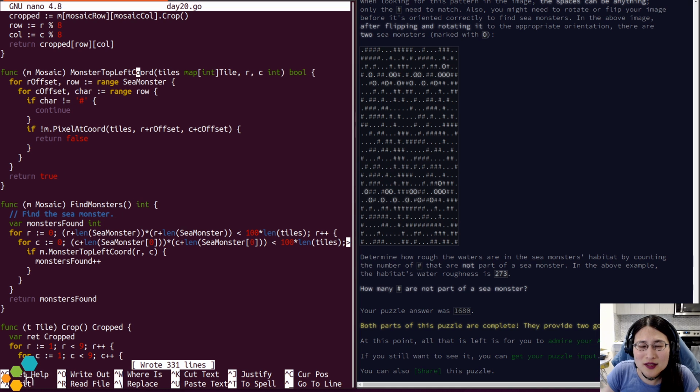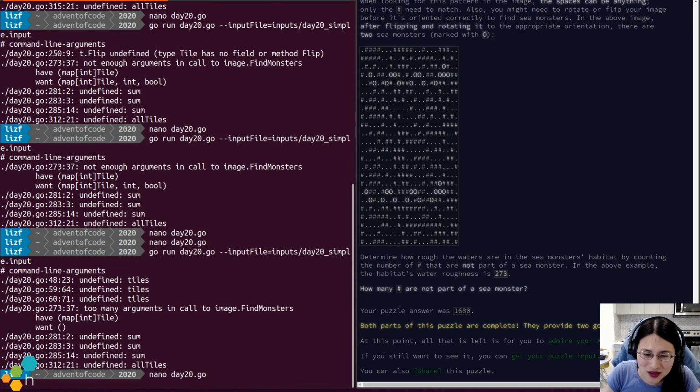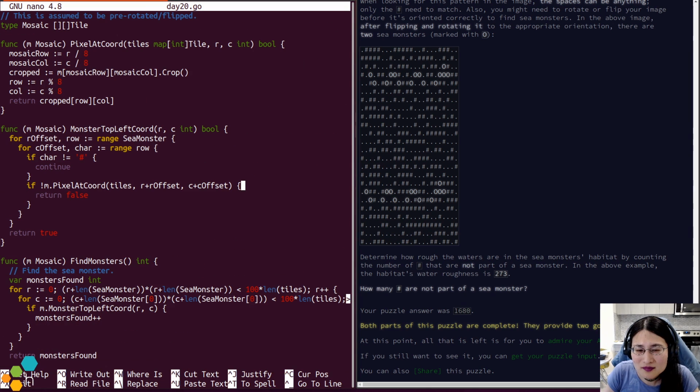It no longer needs the map of tiles because it is itself just a listing of the pixels. All right. Same deal.